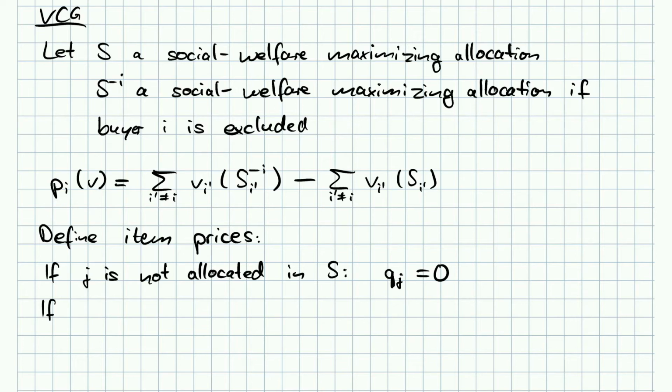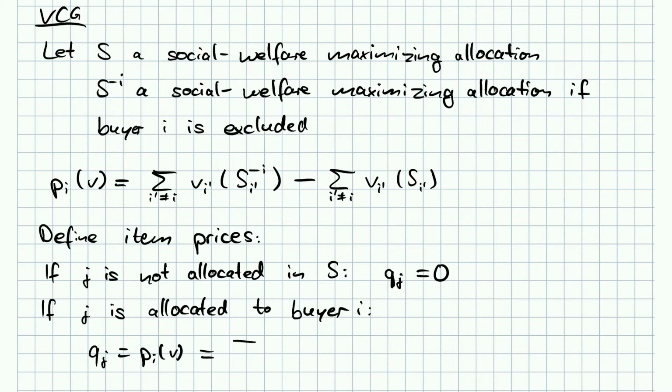If j is allocated to buyer i, then we'll set q_j equal to whatever buyer i is paying, and this is again given by this VCG formula.